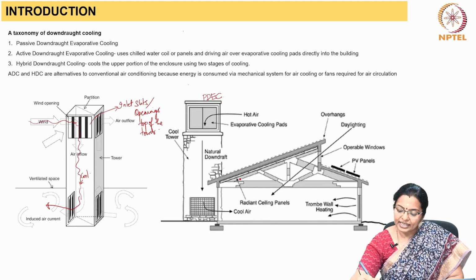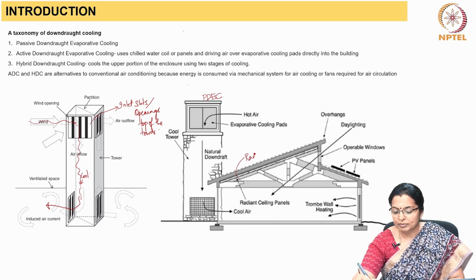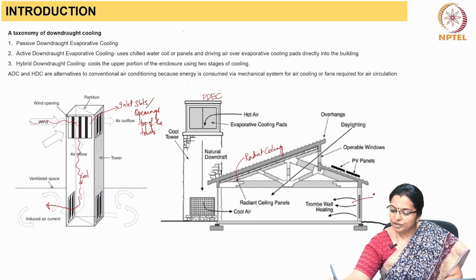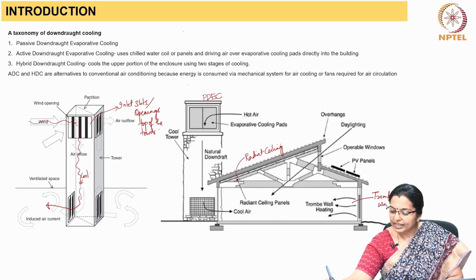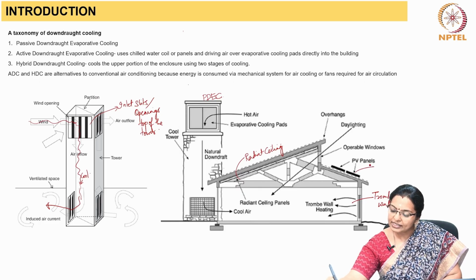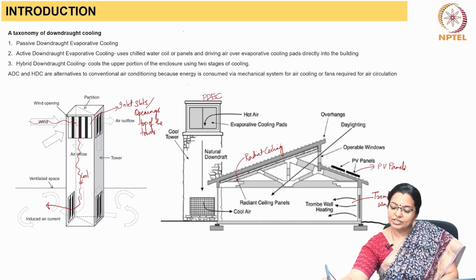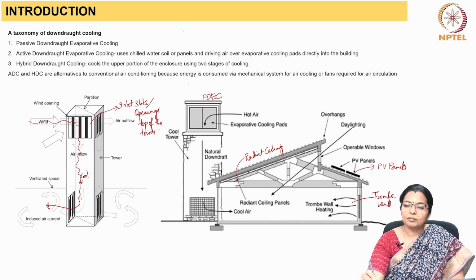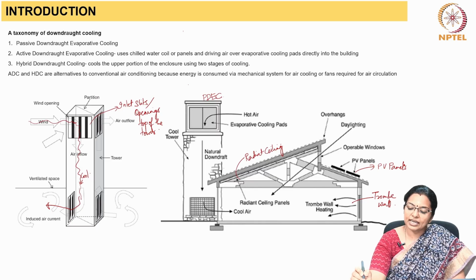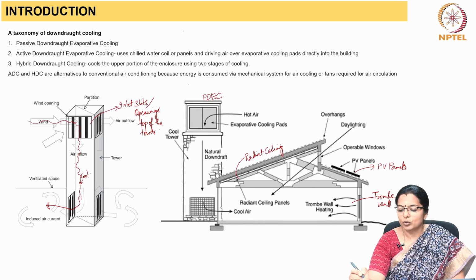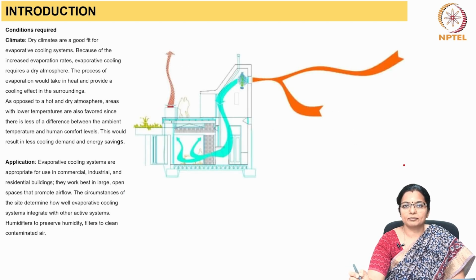Then there are radiant ceiling panels, which we will be studying later, and there is a Trombe wall for heating, which again we will be seeing in another class. And there are PV panels. So this demonstrates that multiple advanced passive techniques can be used in a single building to achieve the desired result.